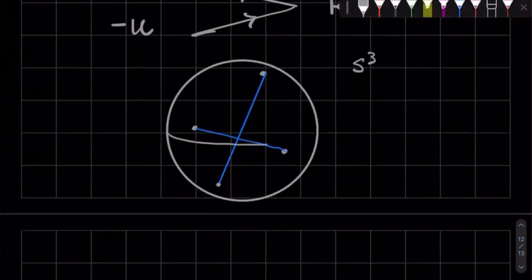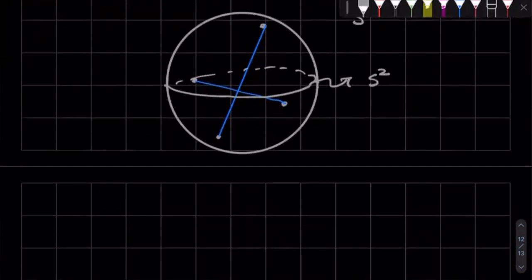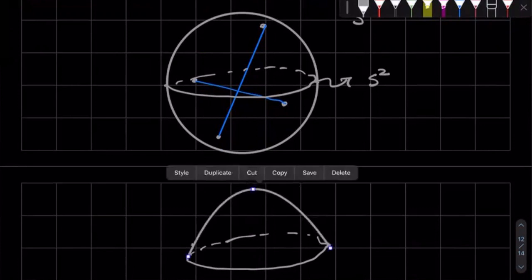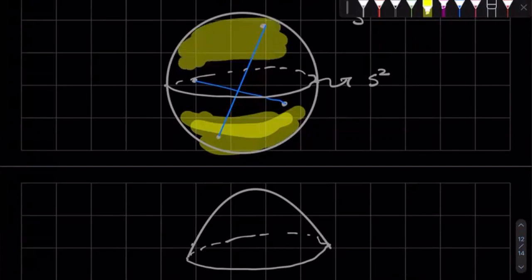But now if I want to draw this identified space, what I can say is, okay, the northern hemisphere. By the way, for a three sphere, the equator itself is a 2-sphere, right? So we can represent the 3-sphere under this identification just as the northern hemisphere, right? Because all the points in the southern hemisphere are now being represented by the northern hemisphere.